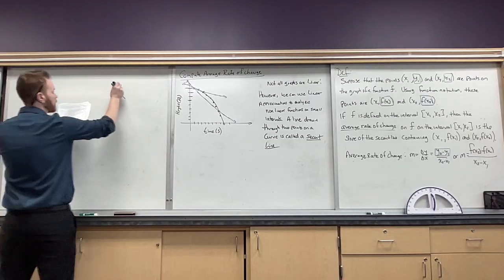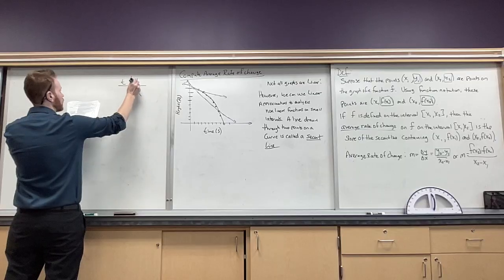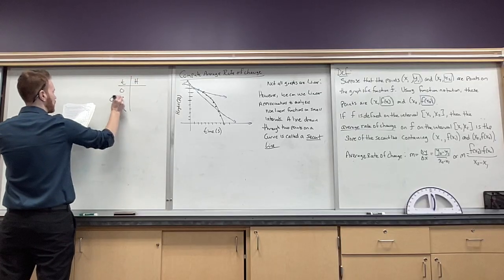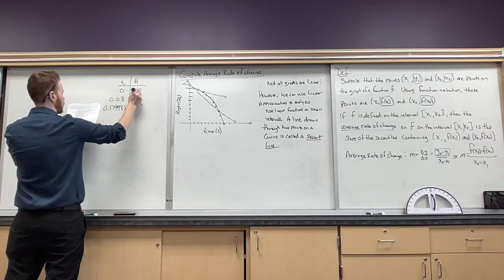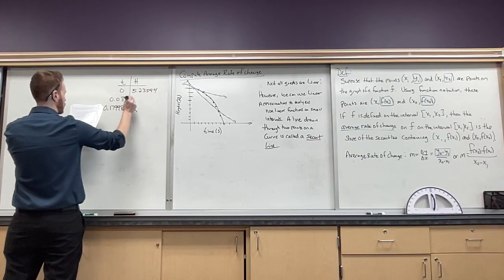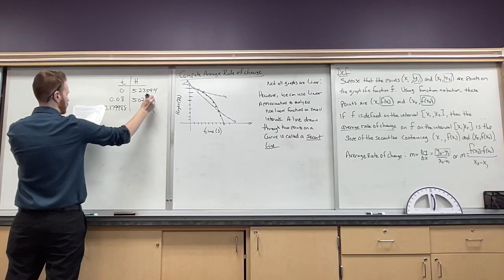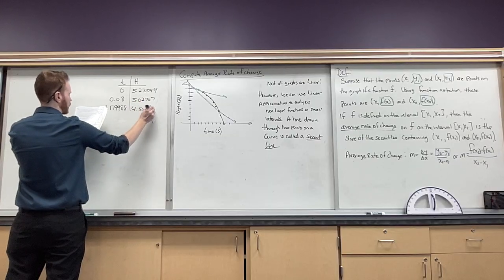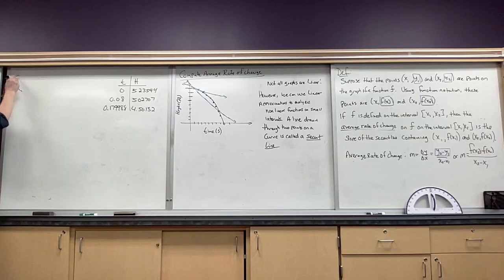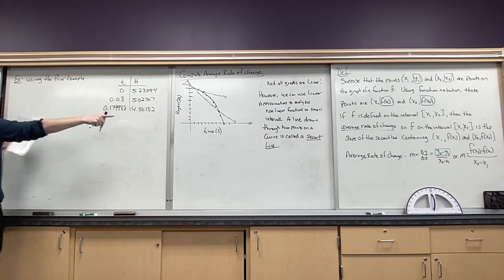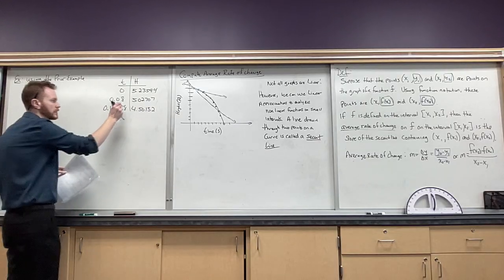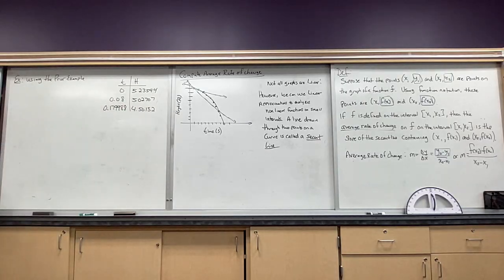Okay, so let's talk about that basketball again. Using the prior example, which is this guy, what I did for you is I just took a snippet of the XY table.